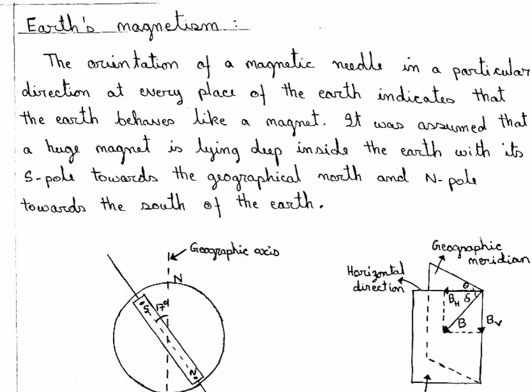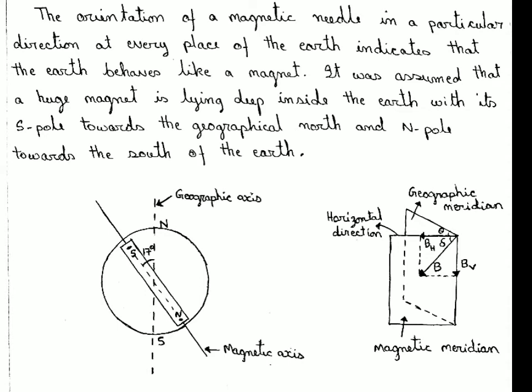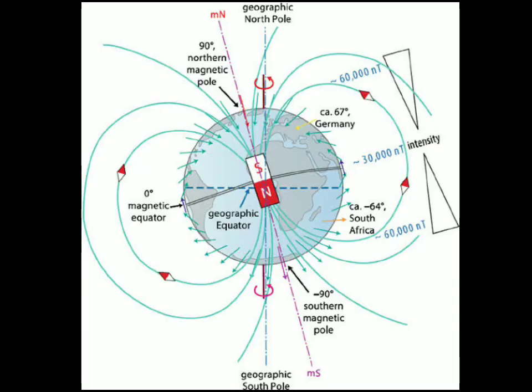So it was assumed that a huge magnet is lying deep inside the earth, with its south pole towards the geographical north and its north pole towards the geographical south pole of the earth. In the diagram, you can see the bar magnet having a south pole and a north pole. The south pole is towards the geographical north, and the north pole is towards the geographical south pole of the earth.